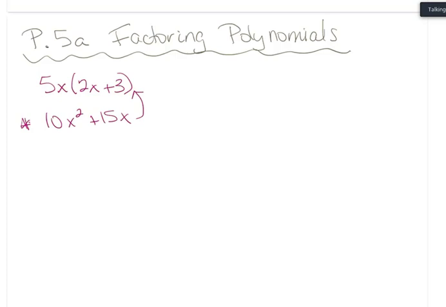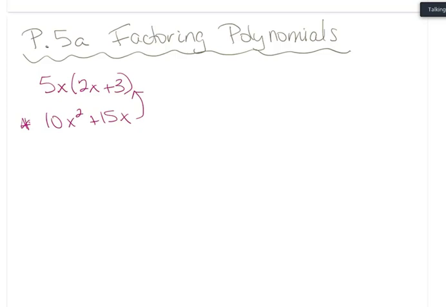So I just go piece by piece. I go real numbers to real numbers and variables to variables. So if I wanted to take this in the reverse order, I'm going to look at 10 and 15, and ask myself, what's the biggest number that divides into 10 and 15 evenly?